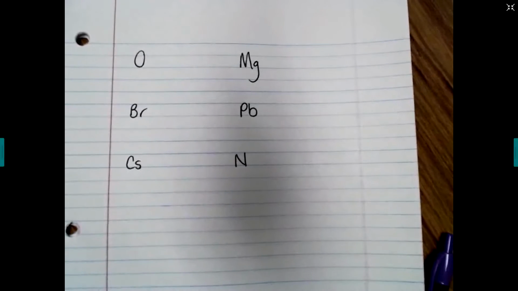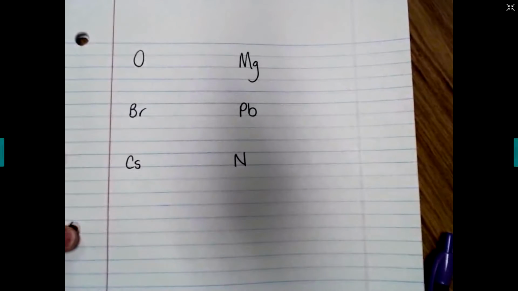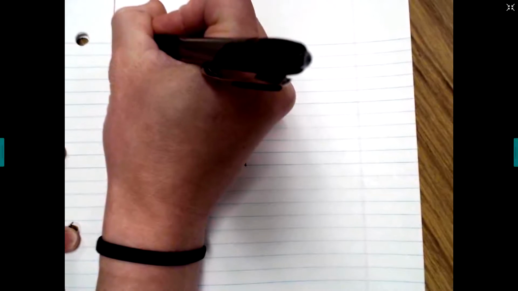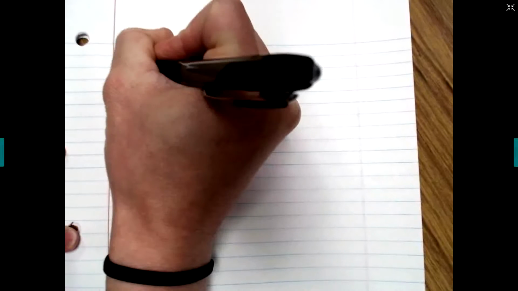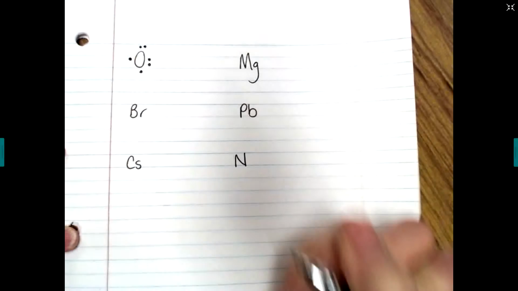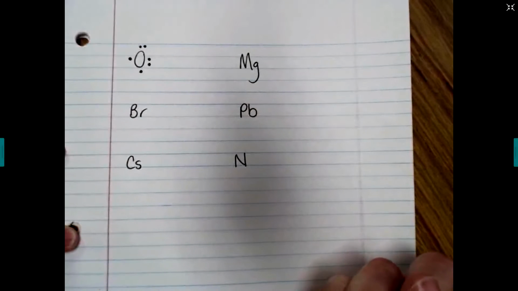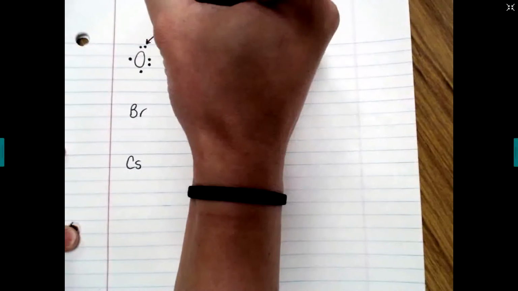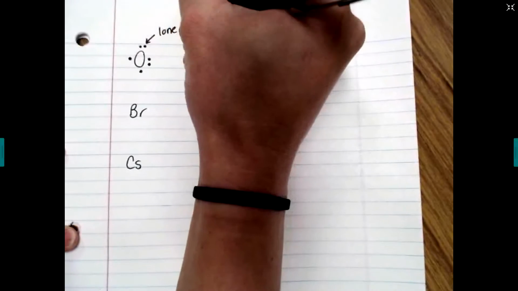Okay, so back to our example of oxygen. I'm not going to actually draw the box. Remember, it's meant to be an imaginary box, but I am going to show you oxygen has 6 valence electrons, so we put one dot on each side of oxygen before we pair them up. So what you need to see now is that this is considered to be a lone pair.